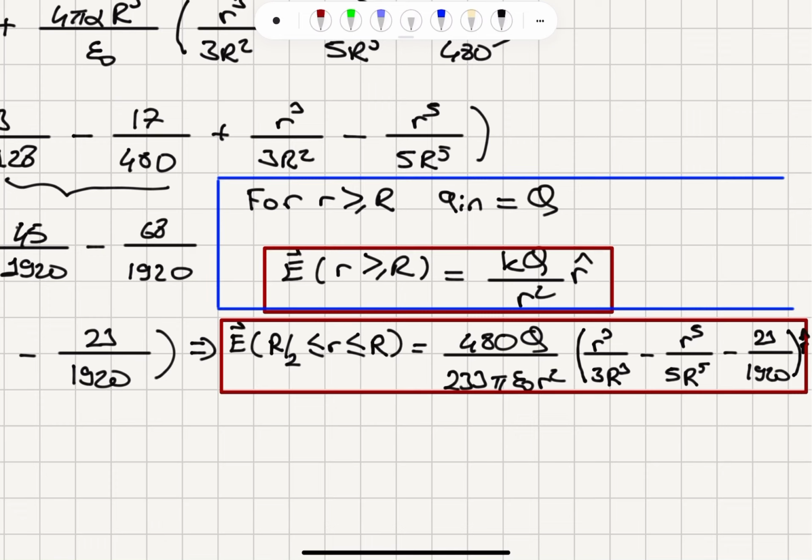And for the rest of the space, capital R greater or equal to capital R, all of the charge is enclosed. So we have E times 4 pi r square is equal to Q over epsilon 0. That's Gauss law. And that just gives us KQ over R square in R hat direction.